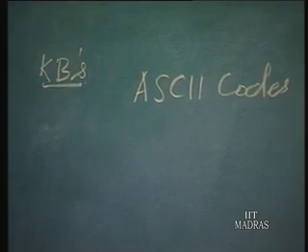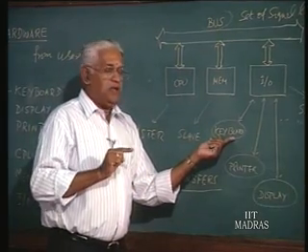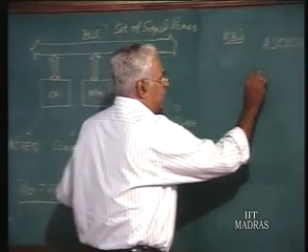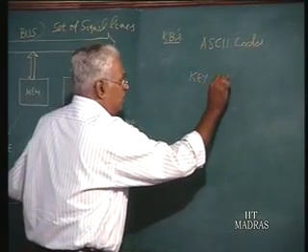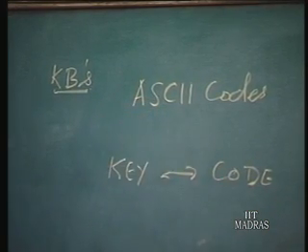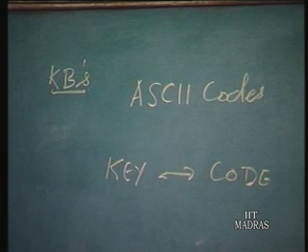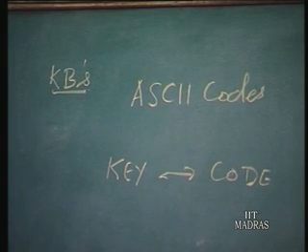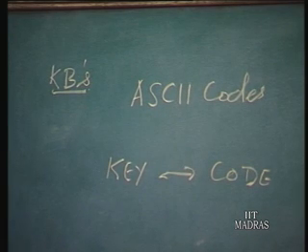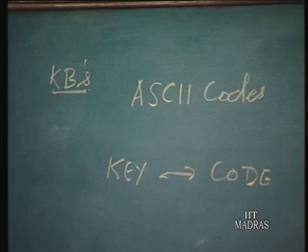When a key is pressed on this keyboard, for that particular key there is one unique code that is generated, and that in fact is some unique code in the particular set called ASCII. Good. ASCII, if you want to know, is American Standard Code for Information Interchange. Okay, that is what it is.